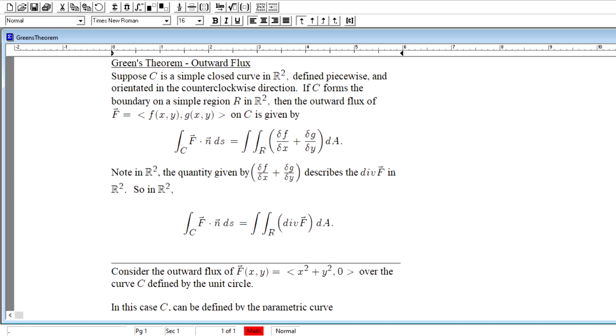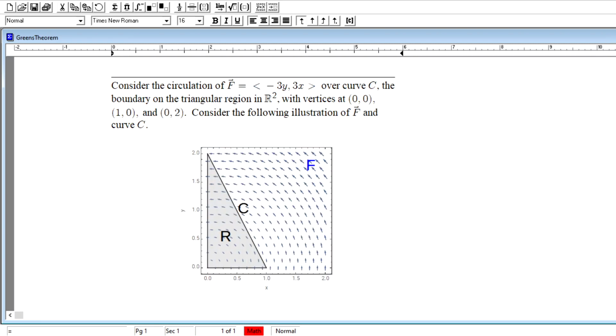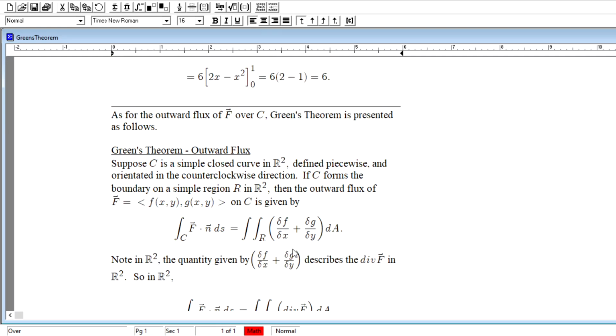Green's theorem makes the connection of the linear integral operations of outward flux and circulation to this double integration involving either curl, for the case of circulation, or divergence, for the case of outward flux, where we are double integrating over region R the values for the entire divergence or the entire curl over that region.